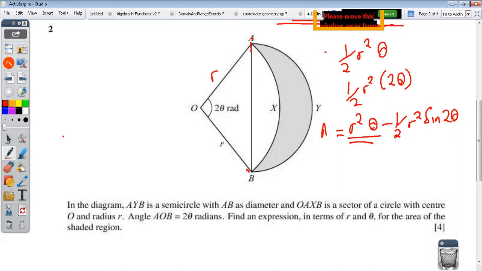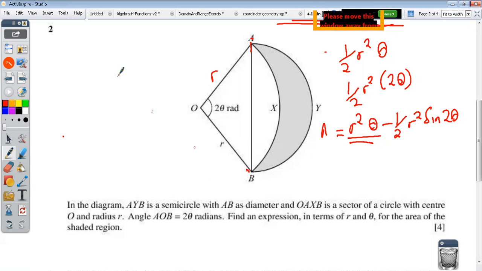Isn't it the cosine rule to find AB? Are you forgetting the cosine rule? If I have two sides and an angle between of a triangle, I can find the diameter.